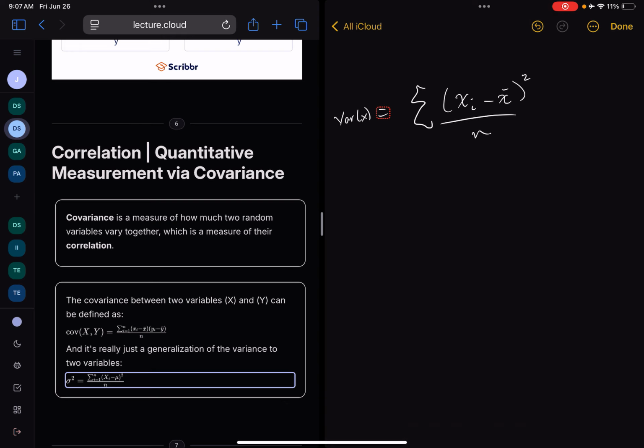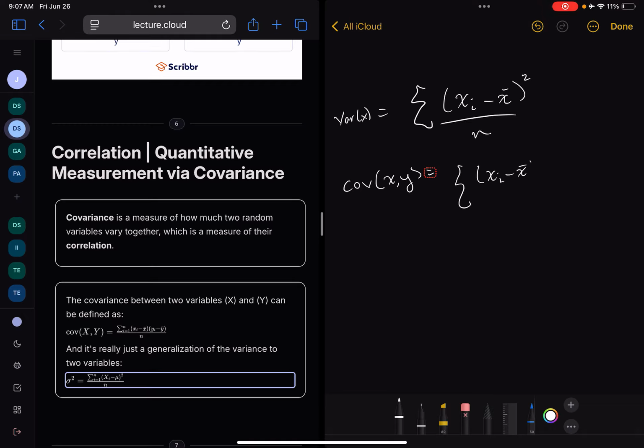But if we wanted to say, what is the covariance of x and y, how would you want to change this equation? I hope it becomes pretty clear that we would just extend out this little squared sign here to get our covariance.